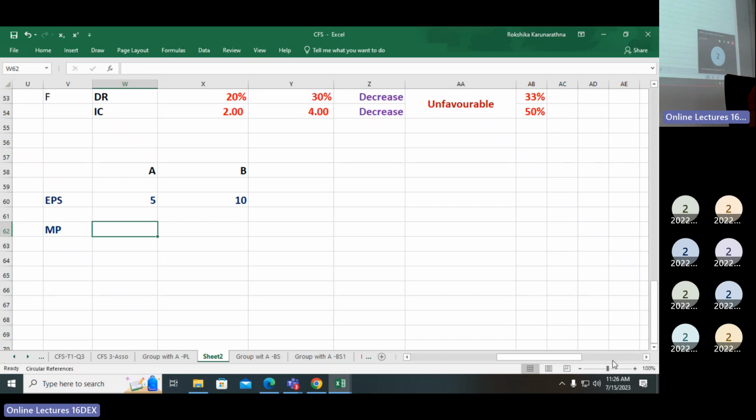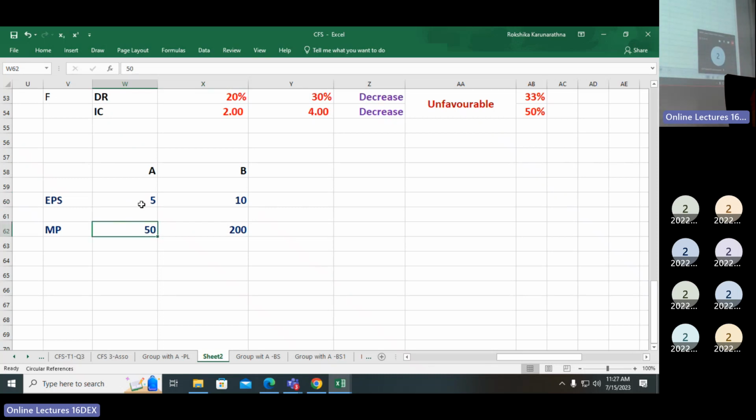Company A share is traded in the market for 50 rupees. Company B share is traded in the market for 200 rupees. So the earning per share cannot be compared when the company market prices are different. Why? To get 5 rupees from company A, you can buy a share for 50 rupees.